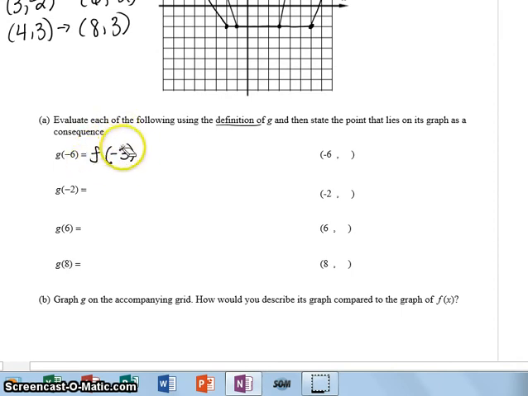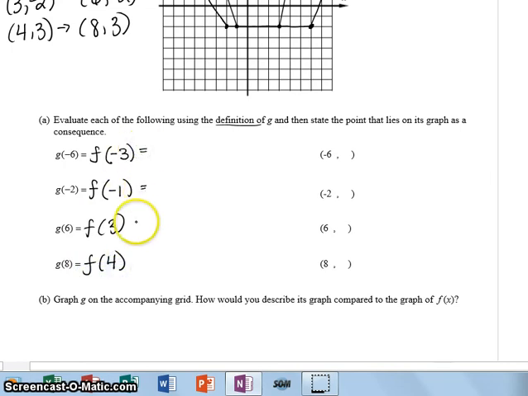Now, how do I get negative 3? Because that negative 3 is half of what g is. So half of negative 6 is negative 3. So this one, it would be f of negative 1, because half of negative 2 is negative 1. This one would be f of 3, because half of 6 is 3. And then this one is half of 8 is 4.